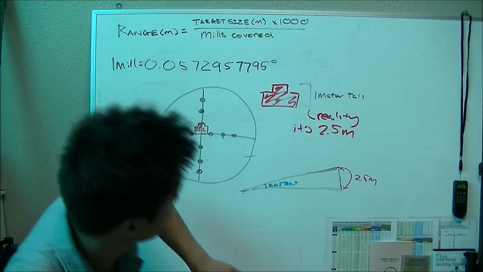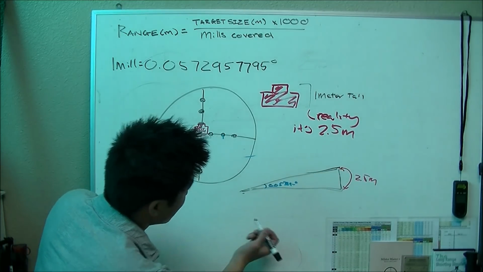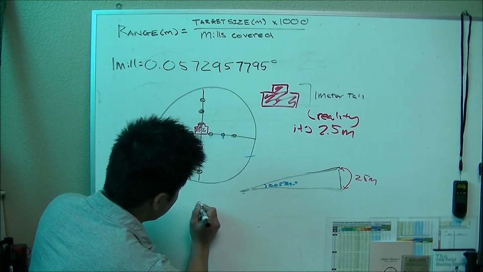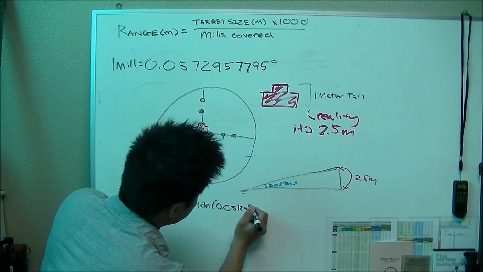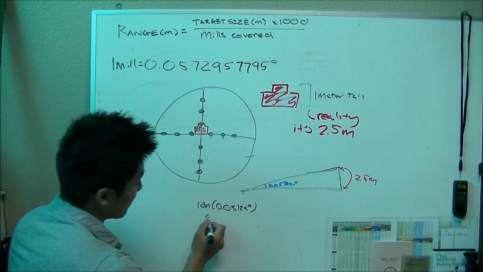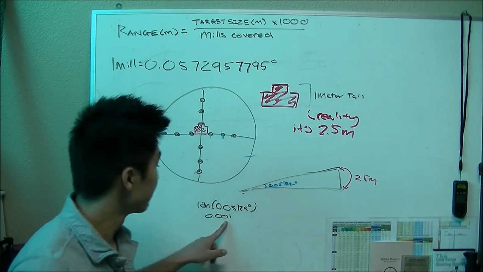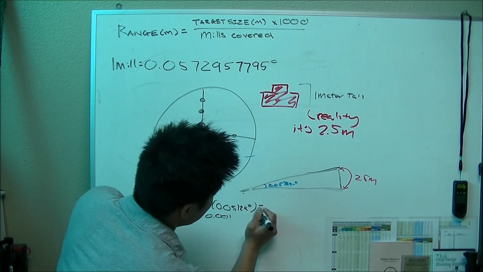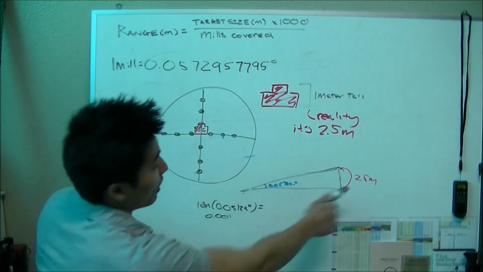Tangent of 0.05729, that's always going to be 0.001, right? But when we put a variable in this, we're going to say it's our opposite.